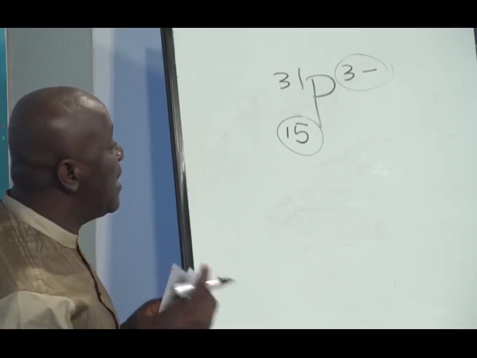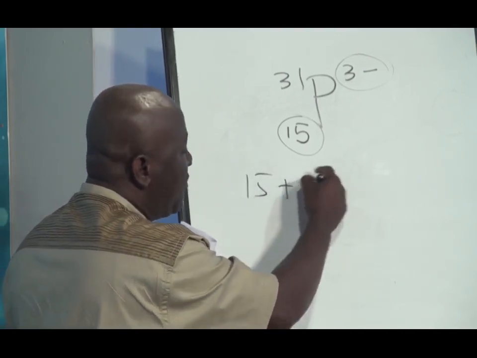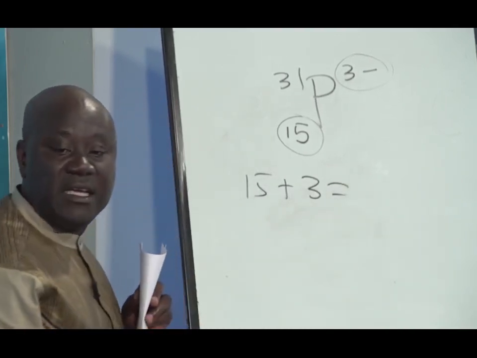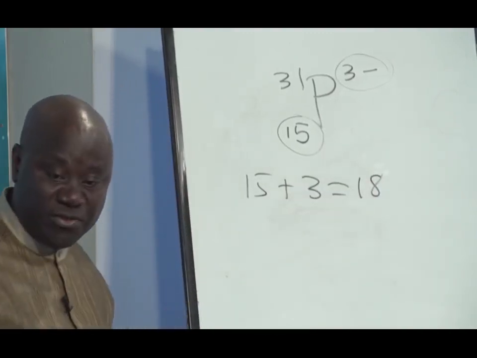And so the total number of electrons in this case becomes 15 plus 3. And that will give us a total of 18 electrons.